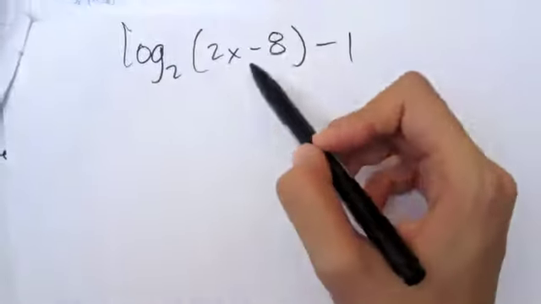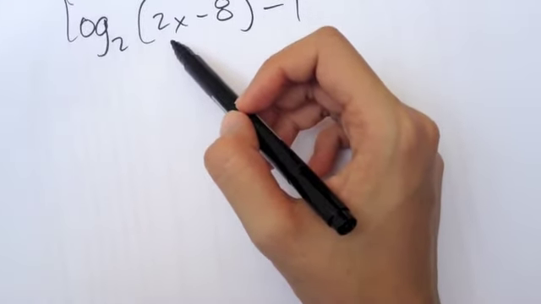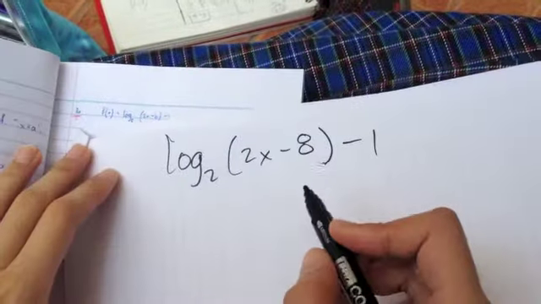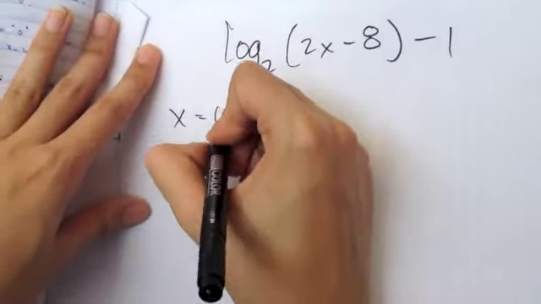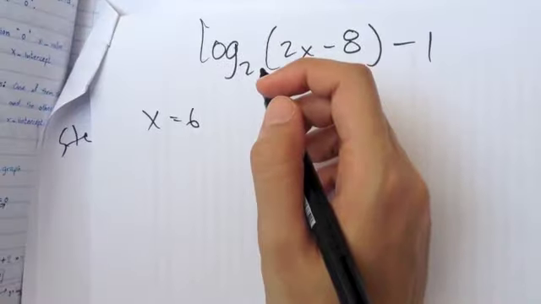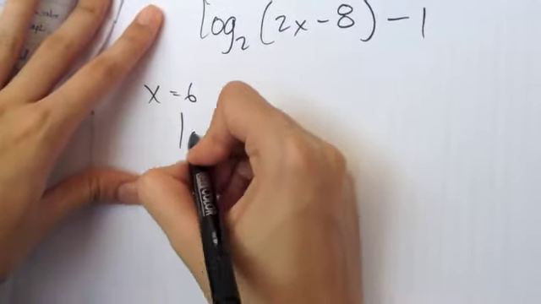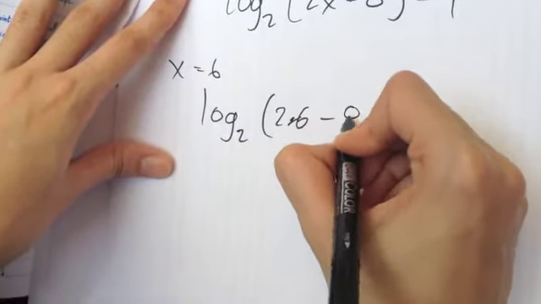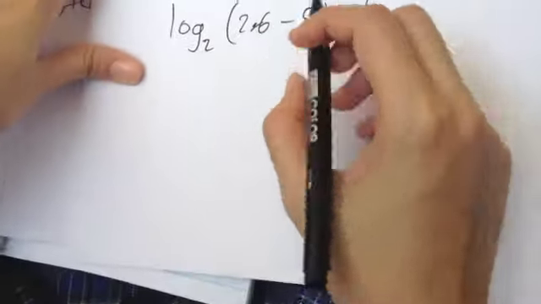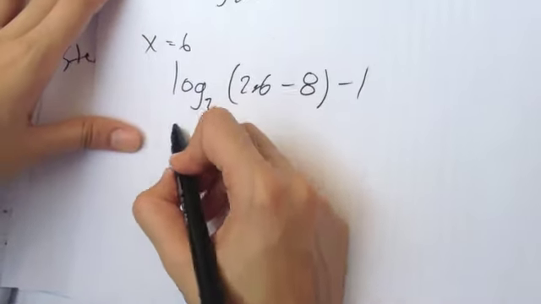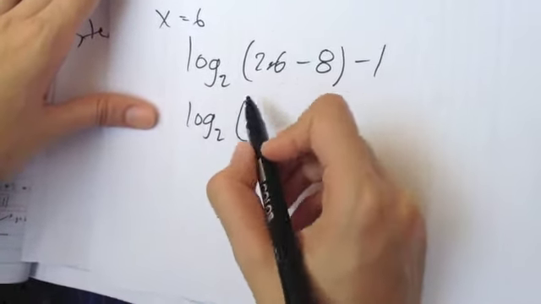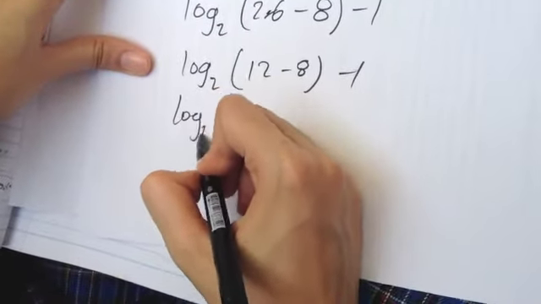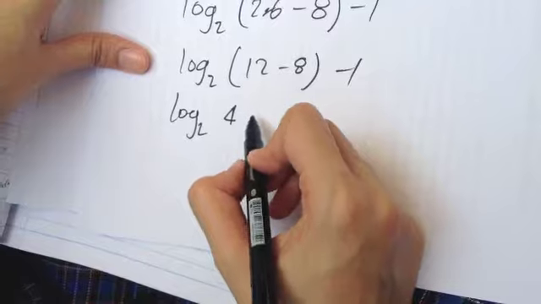So substitute the x. For example, we choose a number which is greater than 5, which is 6. X is equal to 6, like that. And it'll be log of 2 times 6 minus 8, minus 1. And then it'll be log of 2 times 6 is 12, minus 8, minus 1. It will be 4 minus 1.